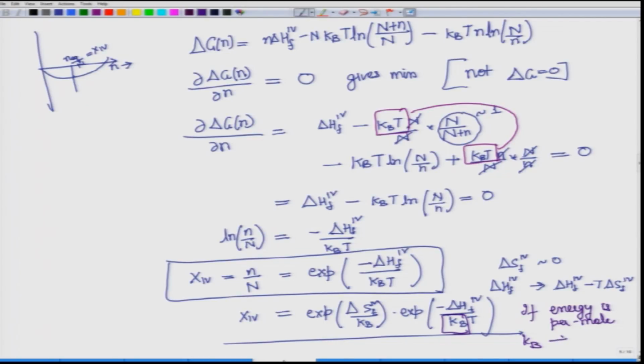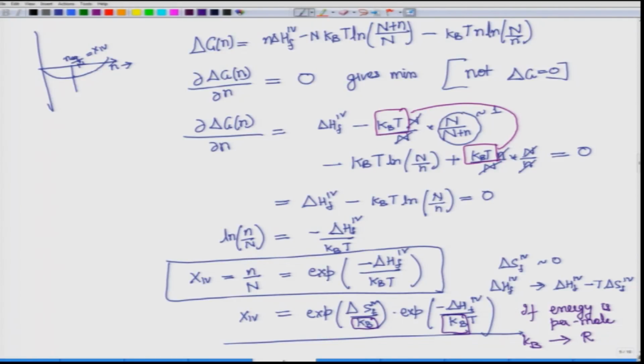You convert kB to R, the gas constant, because kB times NA, the Avogadro number, is equal to R. So this kB and this kB will convert to R, and the energy is given per mole. That is something that you should keep in mind.